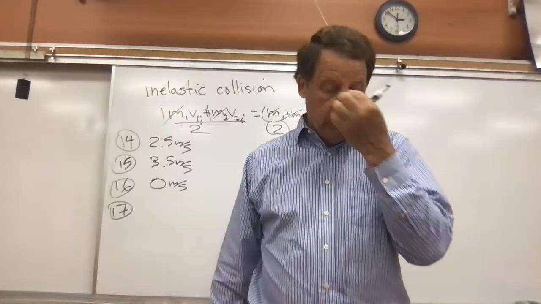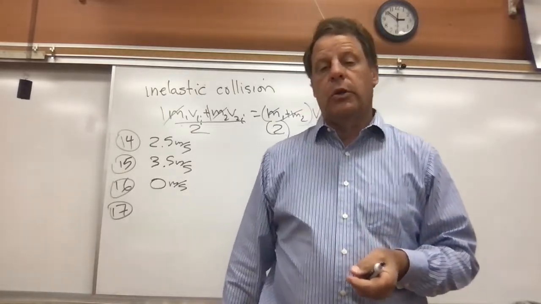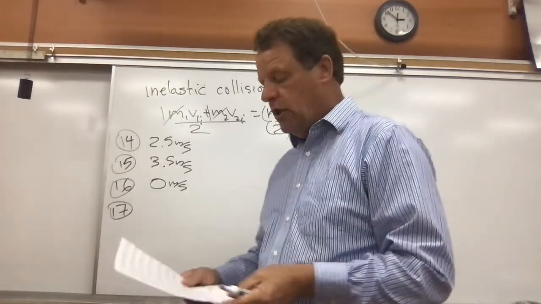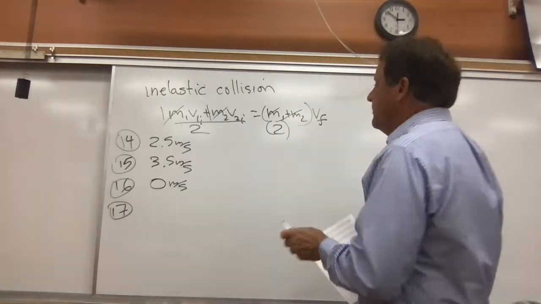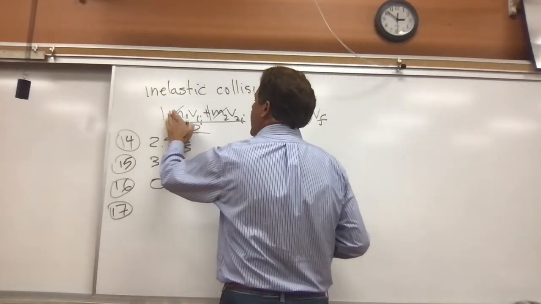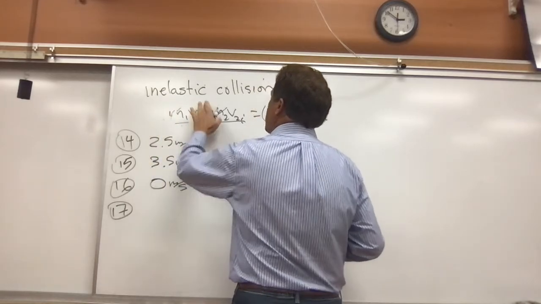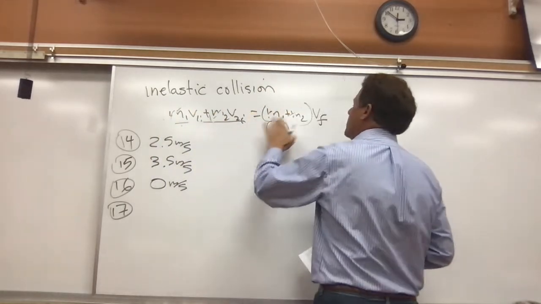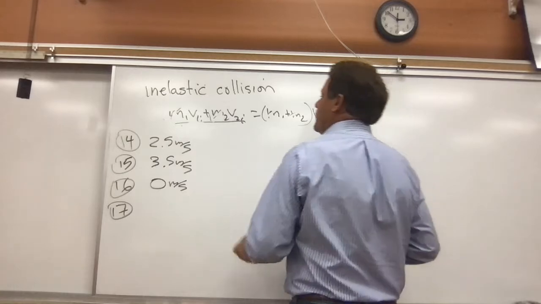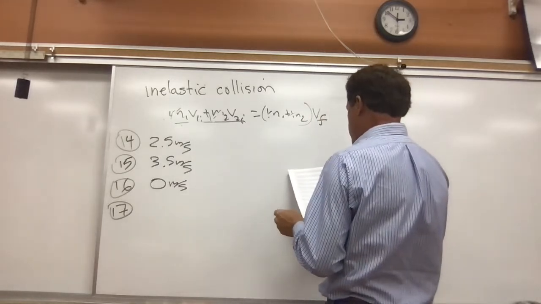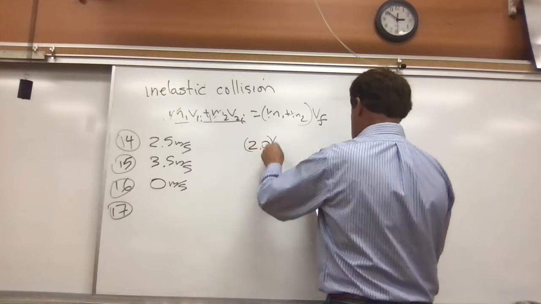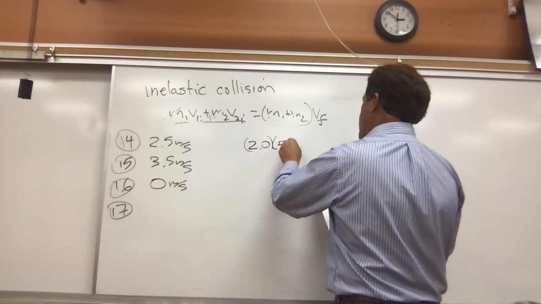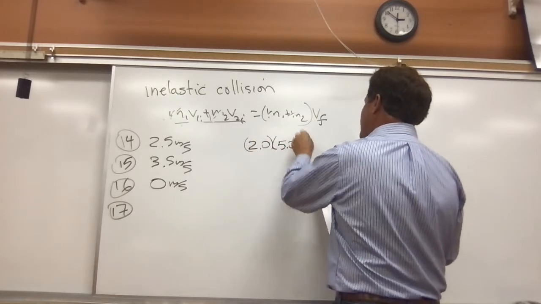Okay, so it's really only question 17 that requires much of a calculation here. And if we look at the first ball, I'm going to take it back to our initial equations here. So we're going to have our first ball is going to be 2 kilograms times a velocity of 5 meters per second.